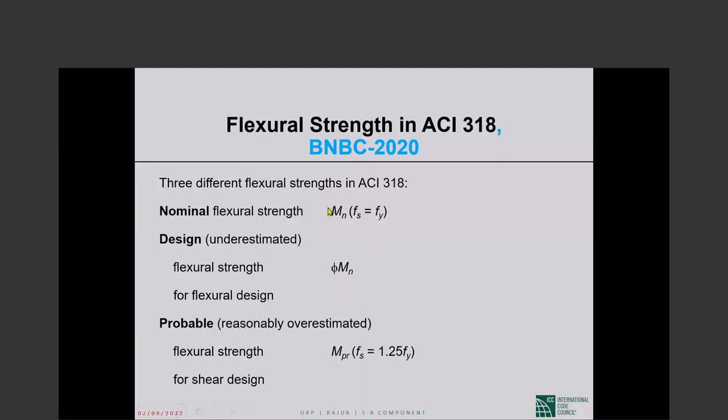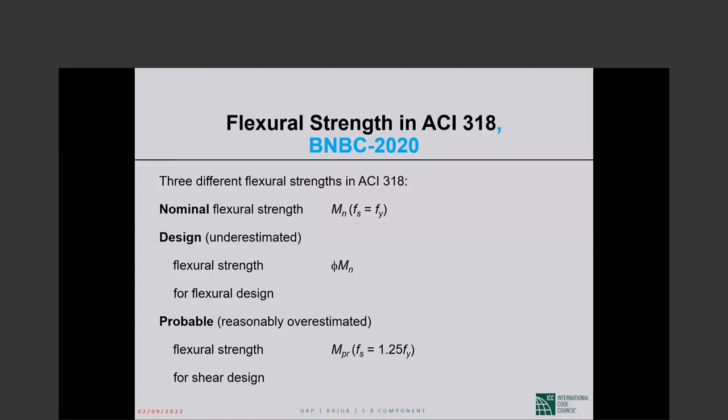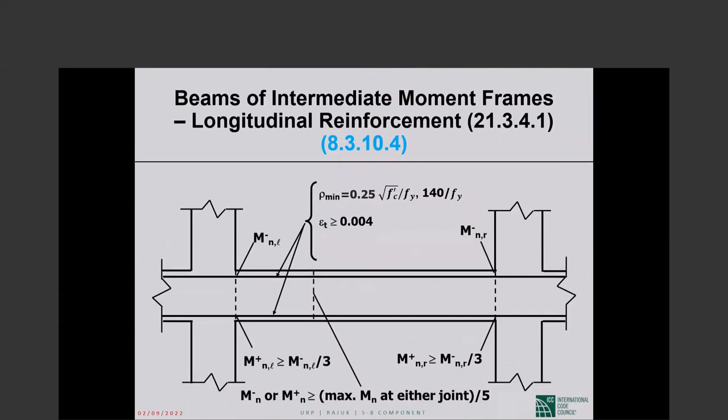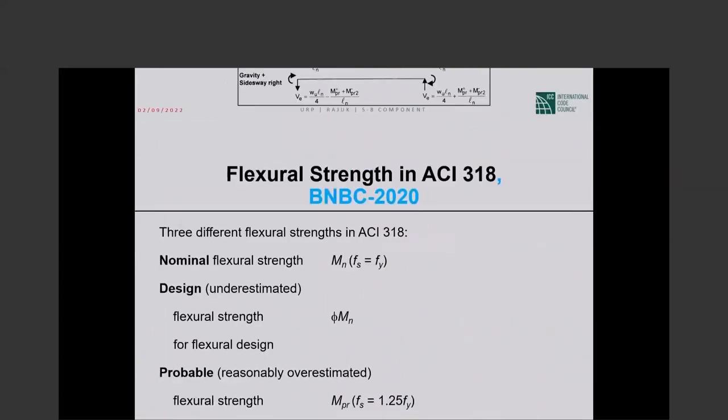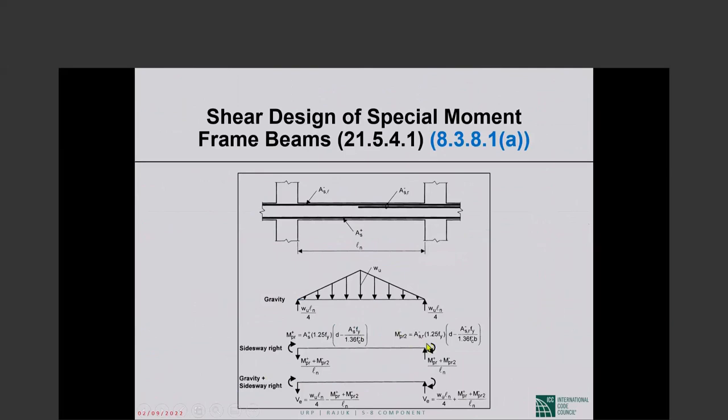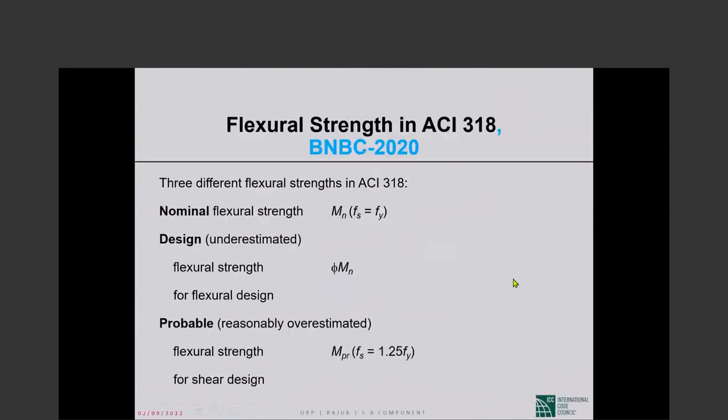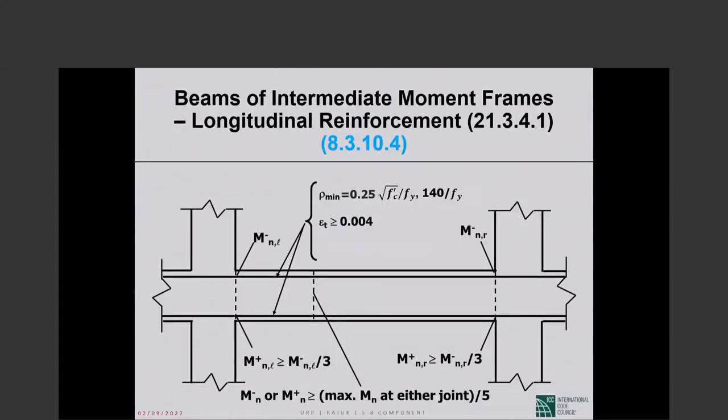The difference between M sub n and M sub PR is M sub PR is calculated using steel stress equal to 125% of the yield strength. Okay, not 100%, as in the case of M sub n. So the shear calculated on the basis of M sub PR at the two ends is what we design for, and that makes shear failure preceding flexural failure extremely unlikely.